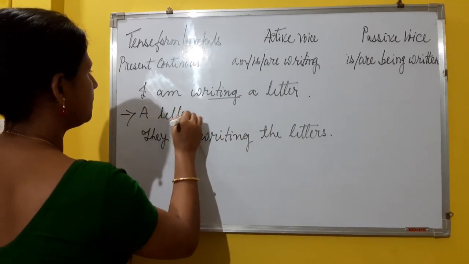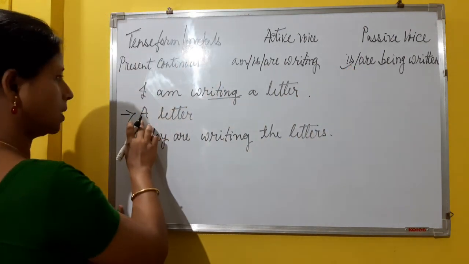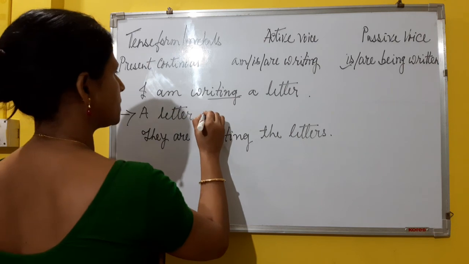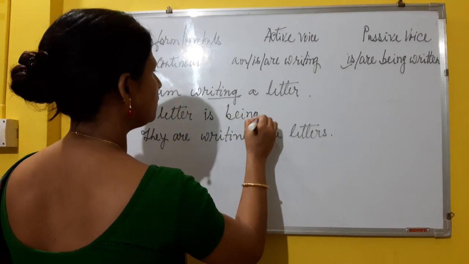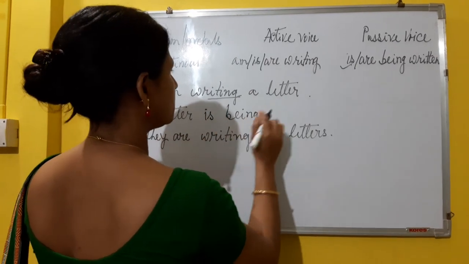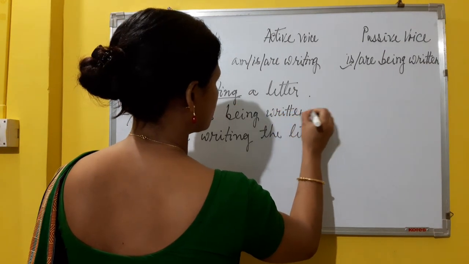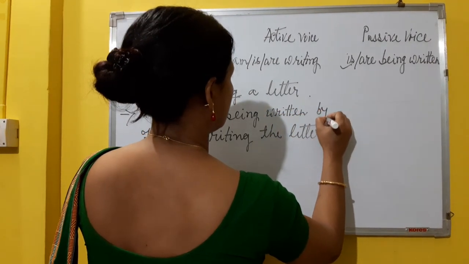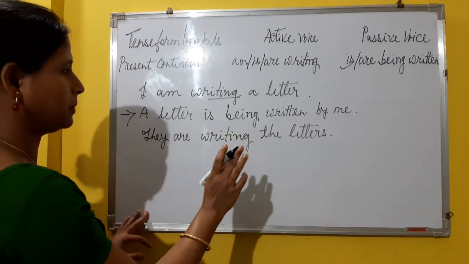A letter is, because it is singular, and we will always write being for continuous tenses in passive forms. A letter is being. Of course, we will write the third form of the verb. A letter is being written by me.